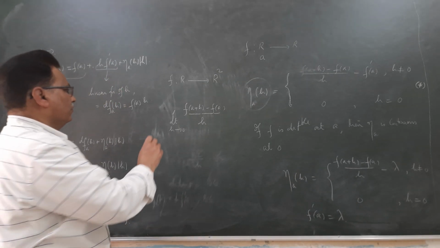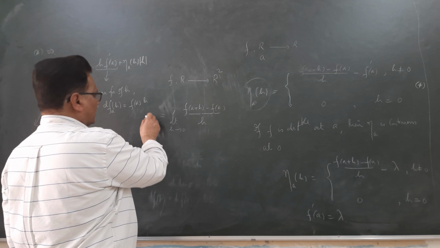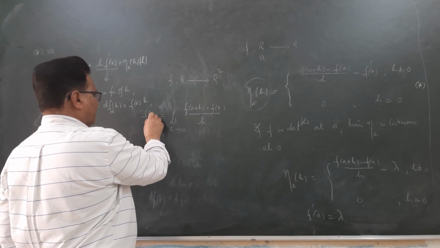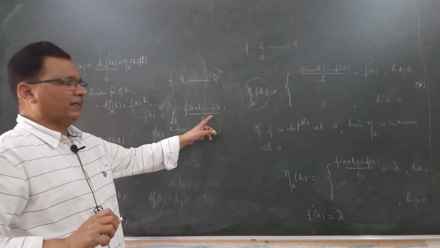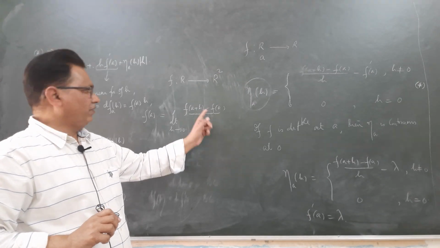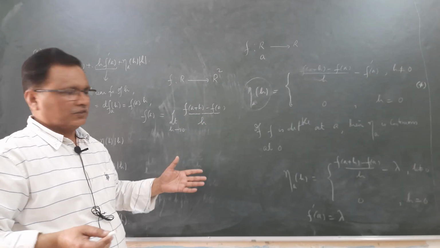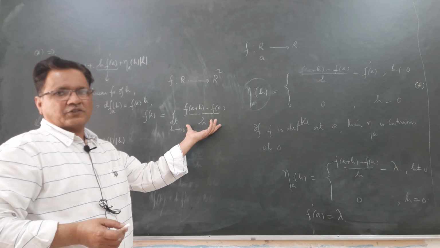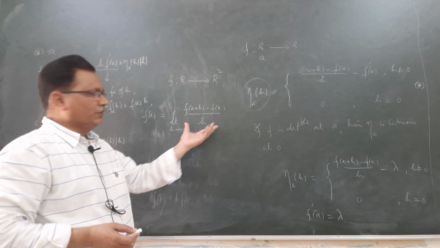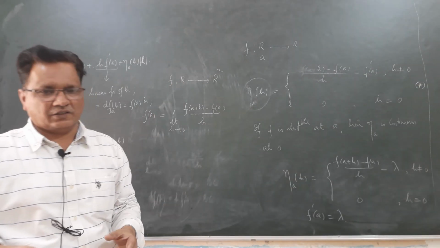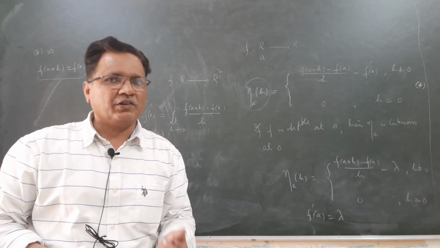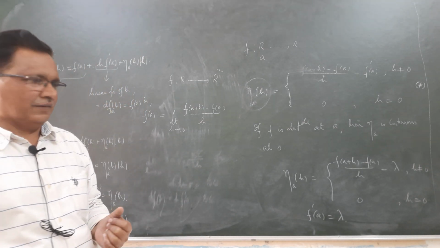What will happen now? If this limit exists, I will still call it f dash a. But since the right side is a vector divided by a scalar, it is a vector quantity. So in the limiting case also it will be a vector quantity. So the derivative of f at a point a in this case will be some vector. Is it right? Yes.